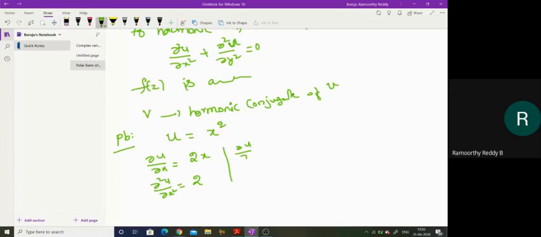Which is 0. Dou square u by dou y square is also 0. Then if you add, you get 2, not equal to 0. Therefore, u is not harmonic function. Okay. Is it clear?